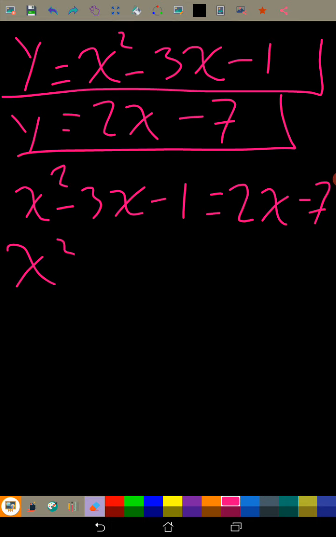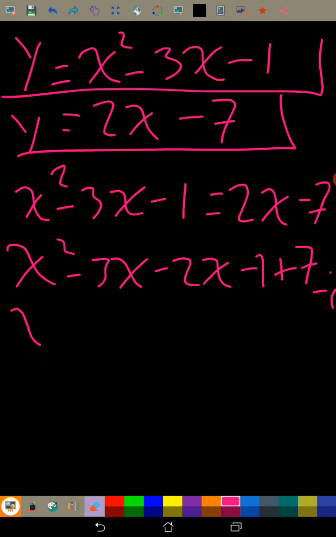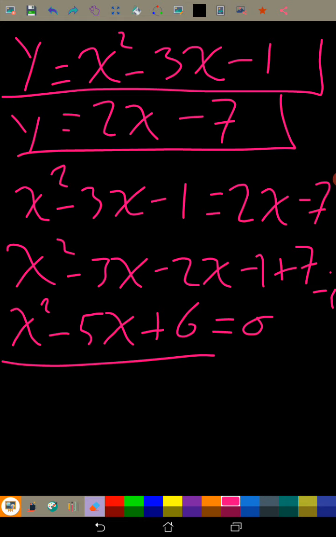So we'll have an equation minus 2x minus 1, and this time we have plus 7 is equal to 0. So if we want to solve this, we have minus 5 here, plus 6 is equal to 0. So that's what we got, and we know how to solve this.